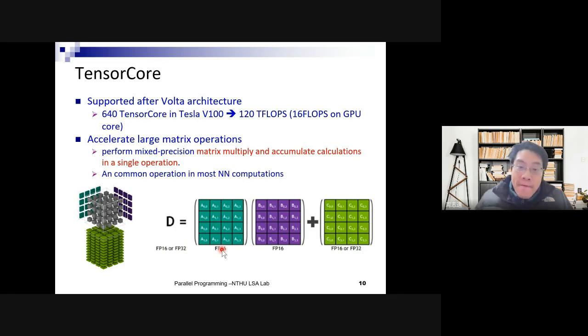But why do we design Tensor Core? Because for deep learning, probably 90% of the code is to do convolution. And what is convolution? Convolution is done by this operation. So basically, to train a deep learning model, you keep repeating this operation.